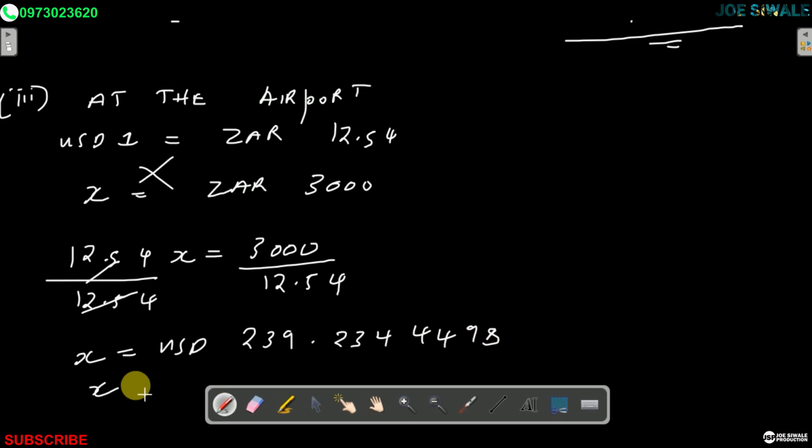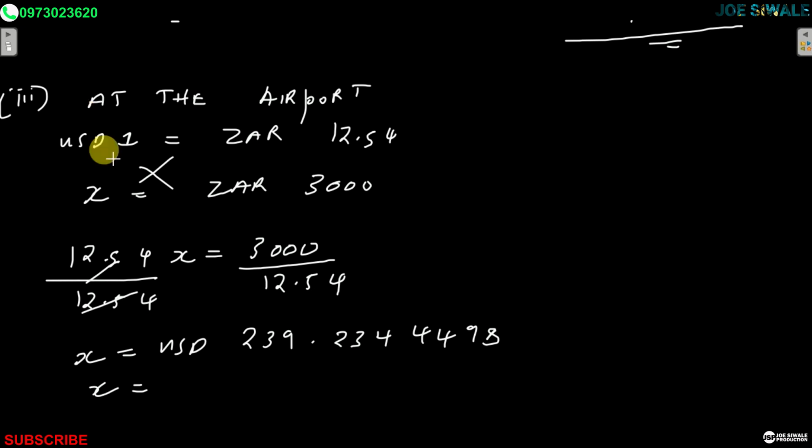So to round off our answer to 2 decimal places, we're going to have 239.23 US dollars. So that's going to be our answer there.